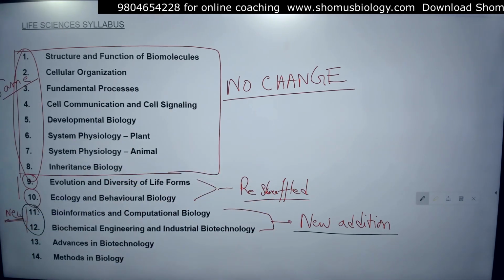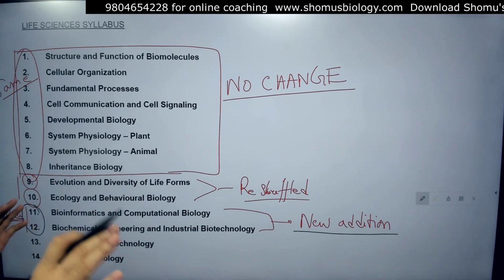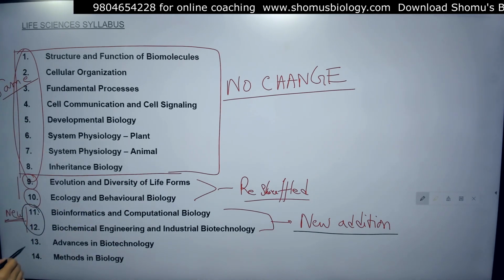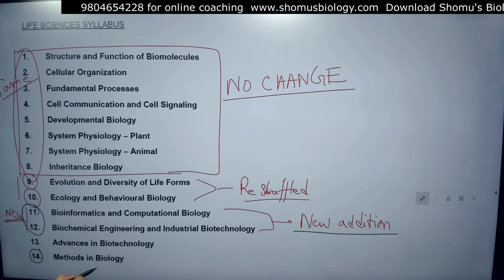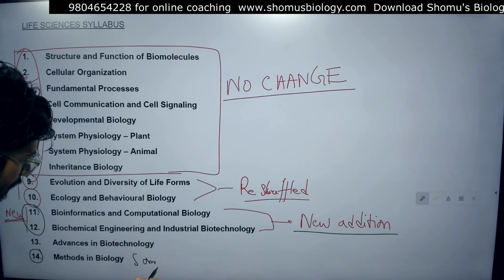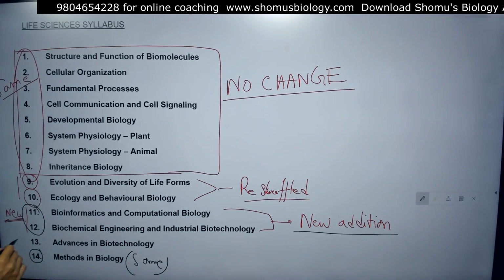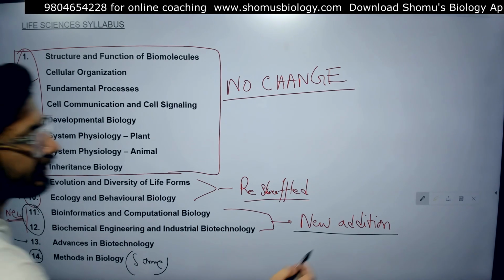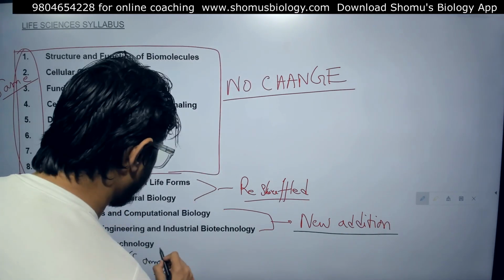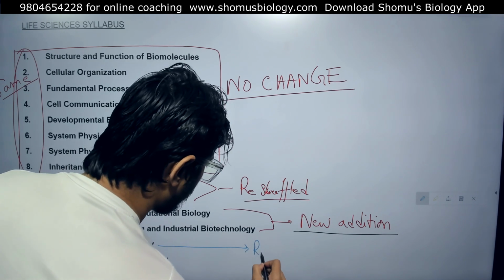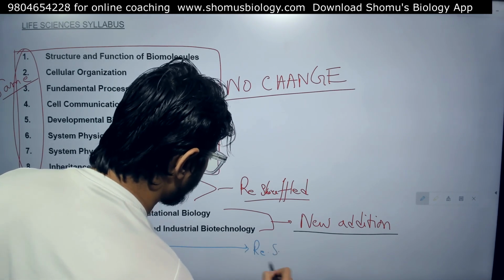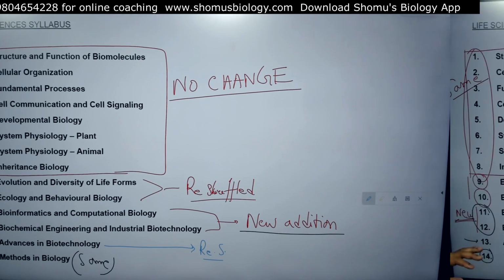Units 1 to 8 are completely the same, and unit 14 is the same. Unit 13 is a little bit modified, also reshuffled.